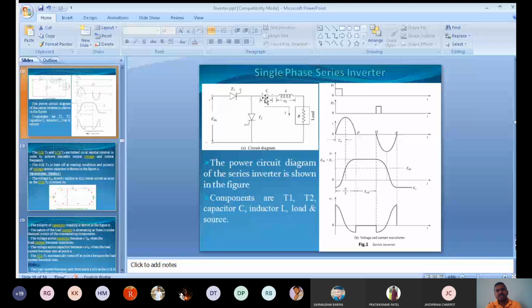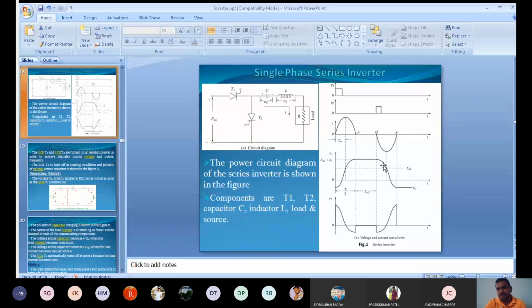Now the current is flowing in the reverse direction from the capacitor, so the capacitor starts discharging. When the current reaches the negative maximum, the voltage across the capacitor is EDC or VDC, equal to the source.